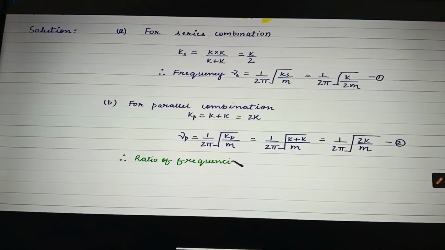Ratio of frequencies is equal to 1 by 2 pi square root of K by 2 by m, divided by 1 by 2 pi square root of 2K by m, and this will come as 1 by 2. So this is the ratio of the frequencies in the series combination and the parallel combination.